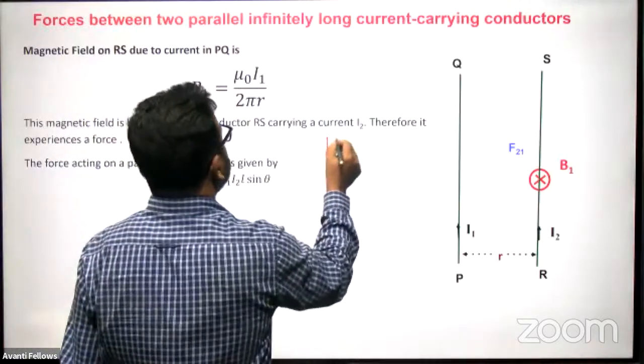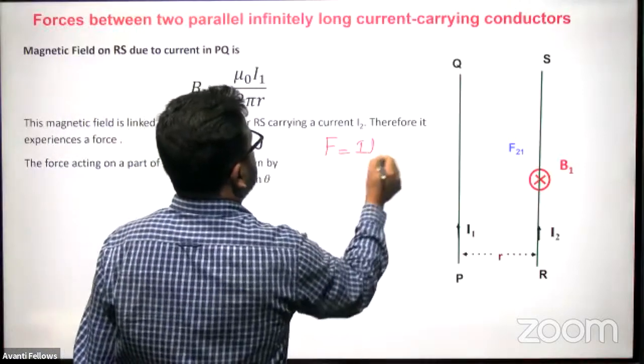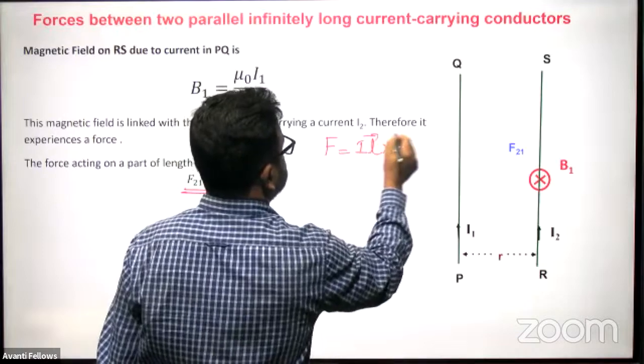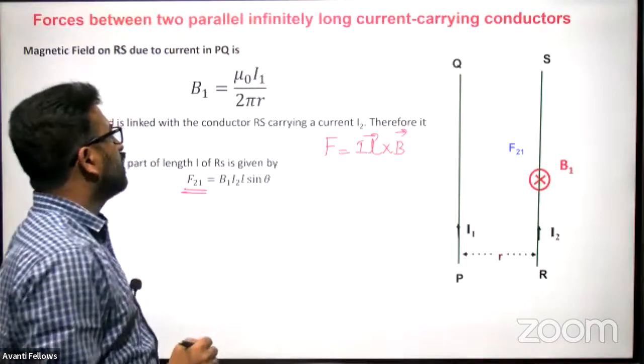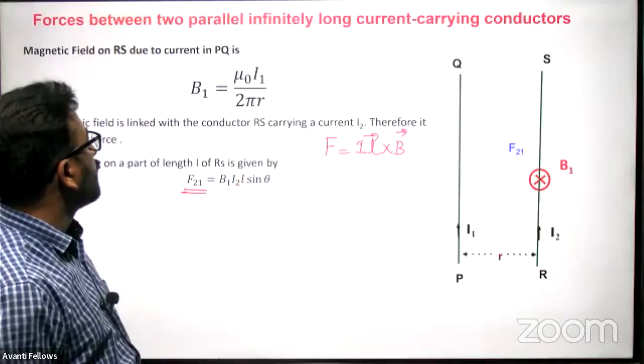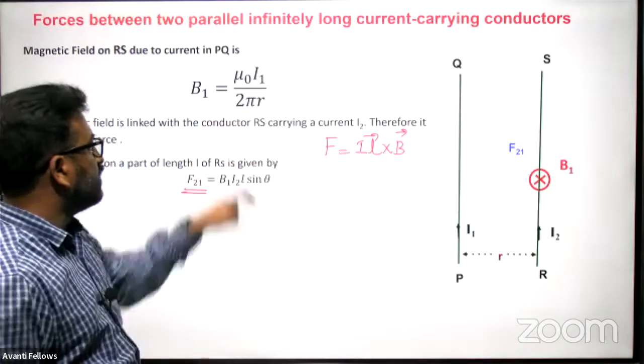Any force can be written as I L cross B. So B here is B1.